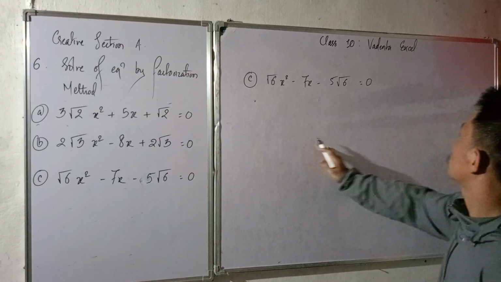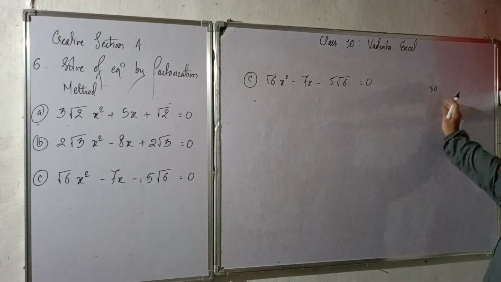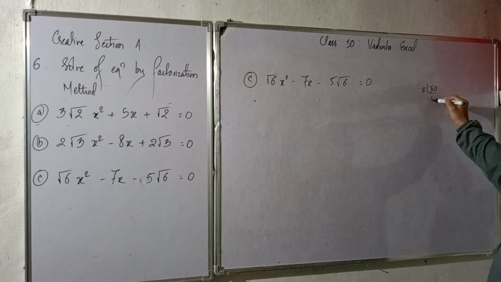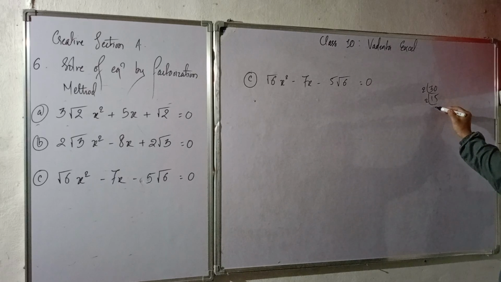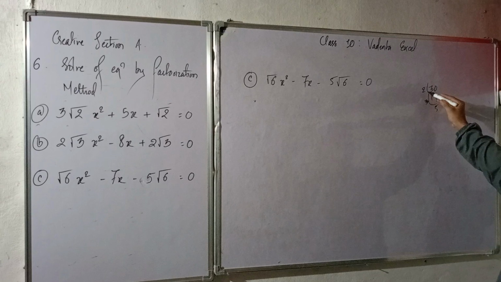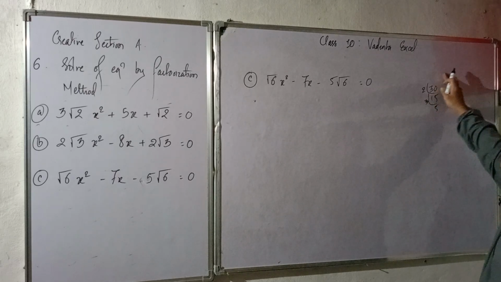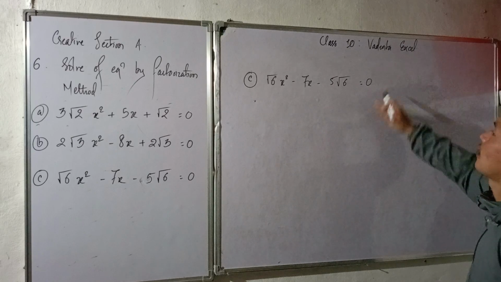So the factors of 30 are 5 6 is 30. Let's see, 3 5 is 15. Let's see, 5 to the 10, 10 3 is 30, 10 minus 3 is 7.